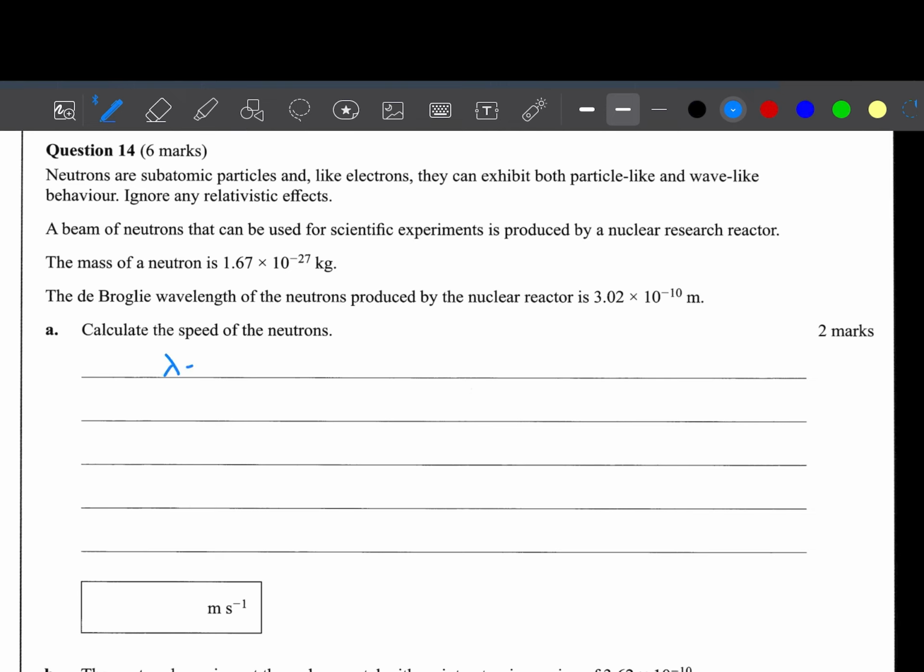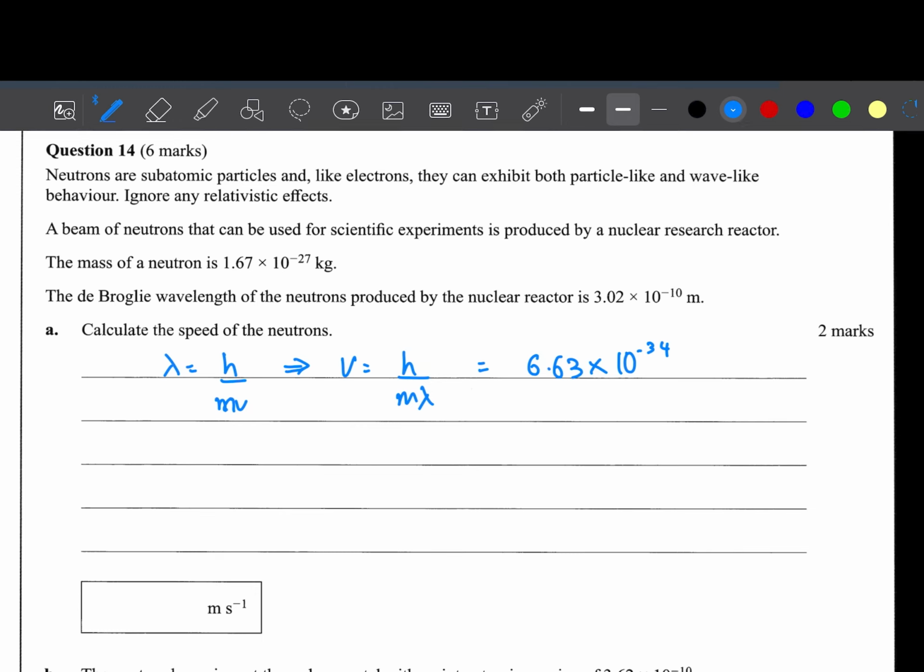Okay, so that is just lambda equals h on mv, which implies that v is going to be h on m lambda. So h is going to be 6.63, let me just look it up in the VCE formula sheet, times 10 to the power of negative 34, because this is in joules.